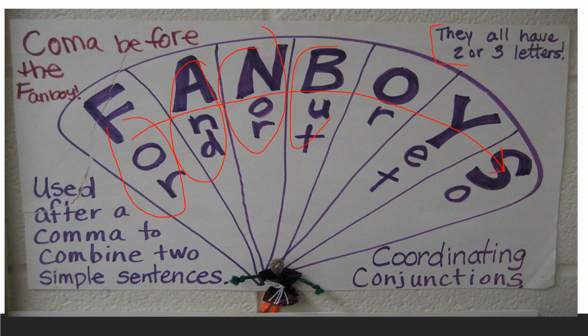We have also done a sentence structure on how to use the conjunctions. We write the first part of the sentence, we put a comma, then the coordinating conjunction, and after that we write the rest of the sentence and then a full stop.